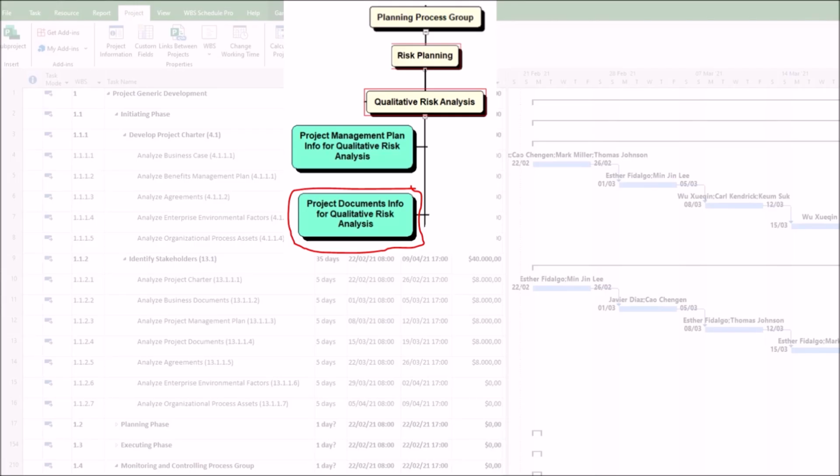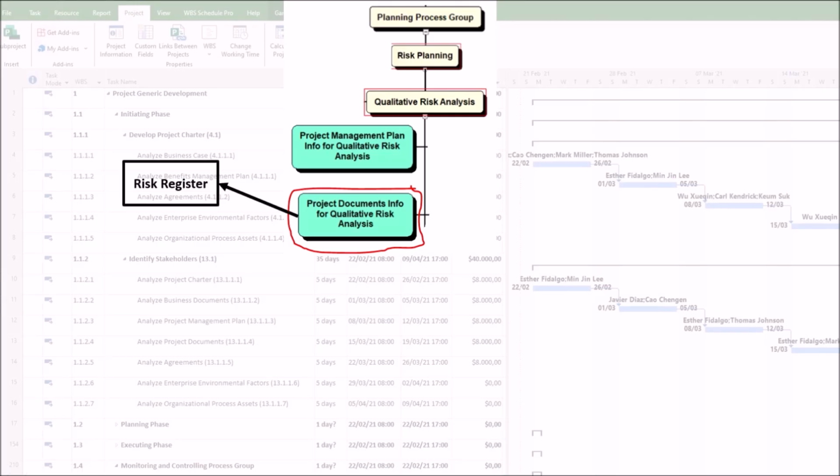Qualitative risk analysis is about assessing the probability and impact of identified risks to prioritize them. This assessment cannot happen in a vacuum. Project documents provide the essential context and specifics that make the analysis meaningful and tailored to your unique project. The main project documents and their respective values are presented now.